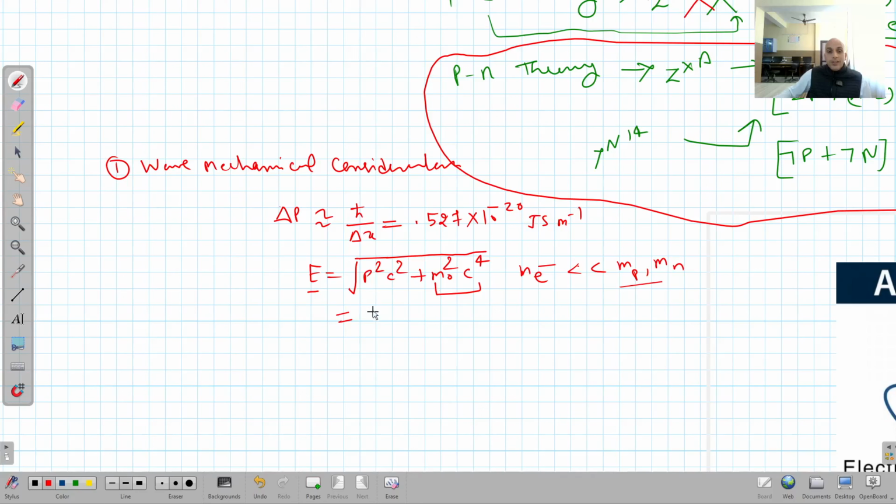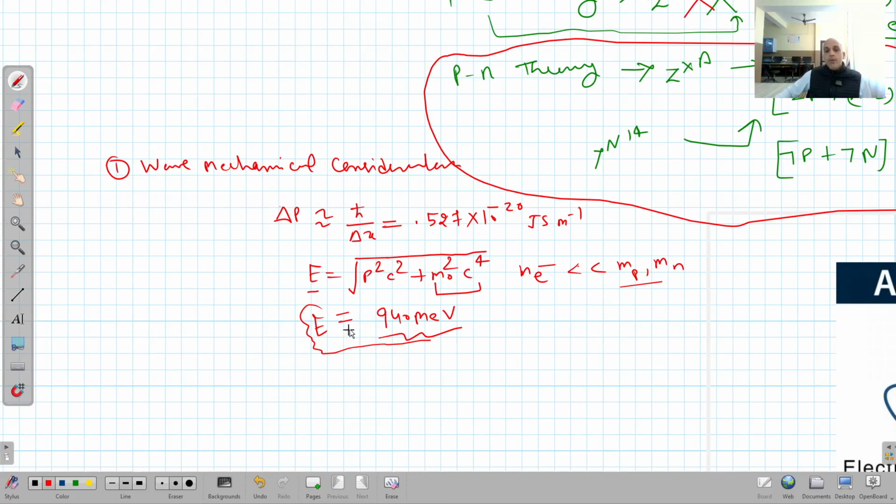So when we put all these values, you will get around 940 mega electron volt of energy. This is the energy that a proton or neutron should possess when it is present inside the nucleus.